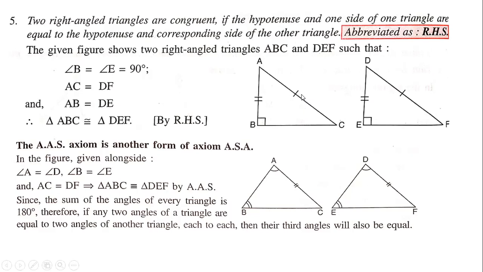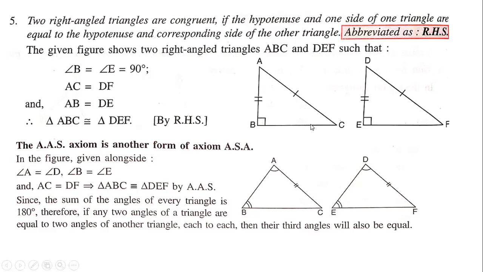Hypotenuse is a must. In this condition, RHS, hypotenuse is a must. But you have to check the other side, whether perpendicular is equal to perpendicular or whether base is equal to base. You have to check this. Hypotenuse is compulsory for RHS.